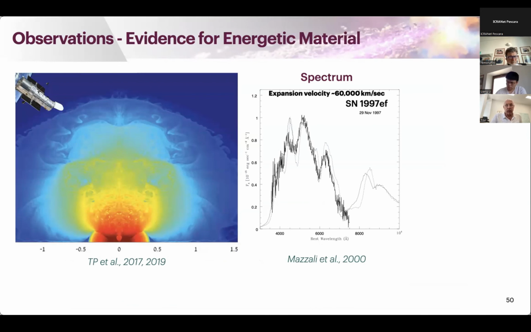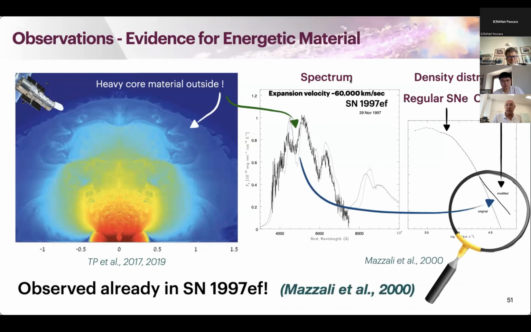This is observed by having high velocity material surrounding the supernova, and what we see is very deep absorption lines. This was seen already in supernova 97EF, where an expansion velocity was seen of 60,000 kilometers per second, 0.2 C, and a lot of energy in this component.